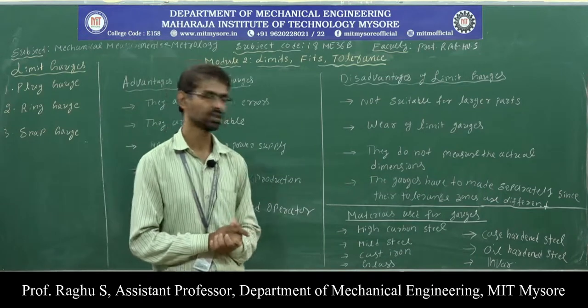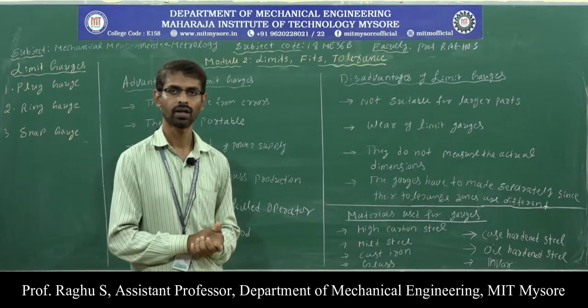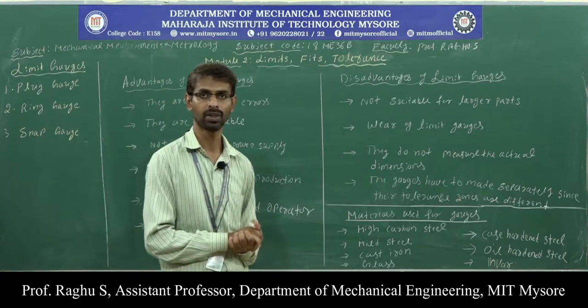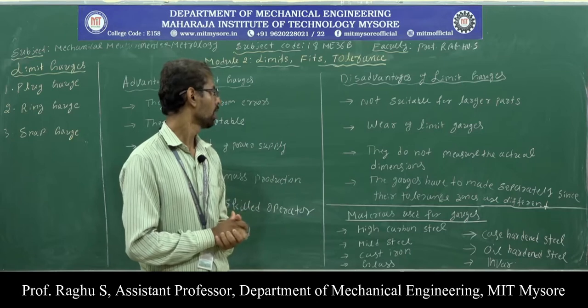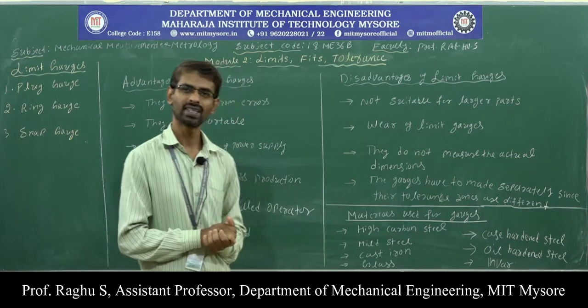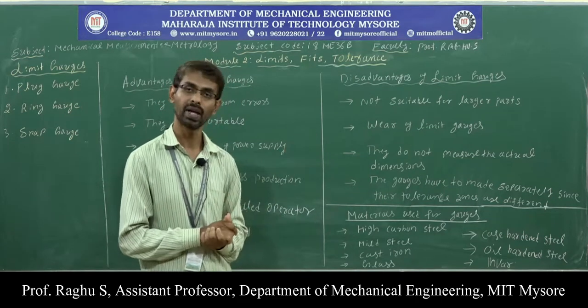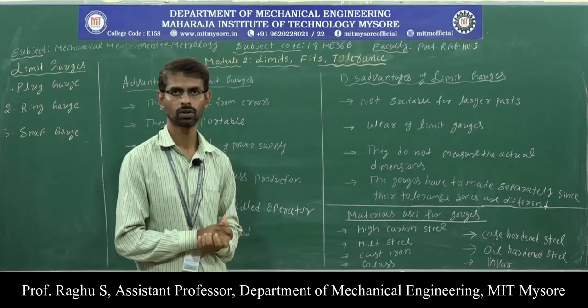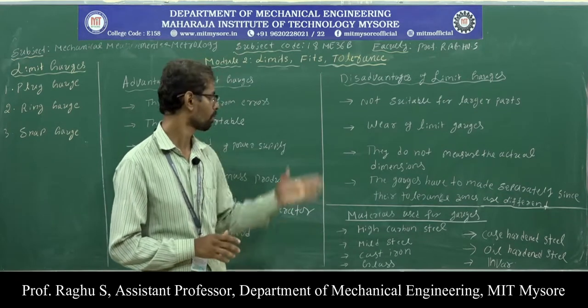Coming to disadvantages, limit gauges are not suitable for larger parts, and it is very difficult to maintain the accuracy of limit gauges when the part to be inspected is larger. Next, when limit gauges are used, the wear of limit gauges is the major problem. Wear means material loss.